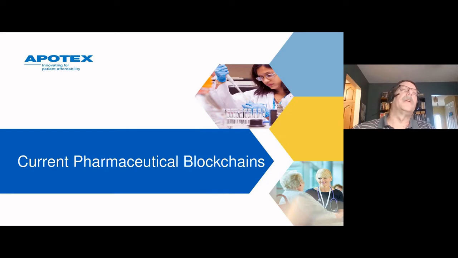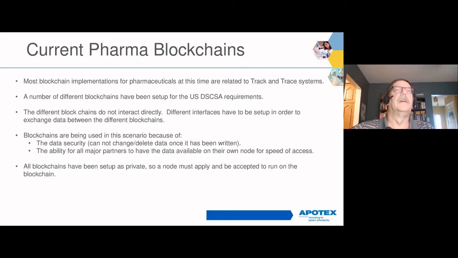Now we'll talk about a couple of the pharmaceutical blockchains that are currently in use. Most of the implementations at the moment are related to track and trace systems, so serialization requirements.